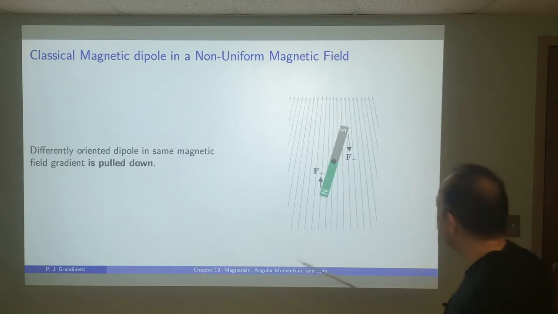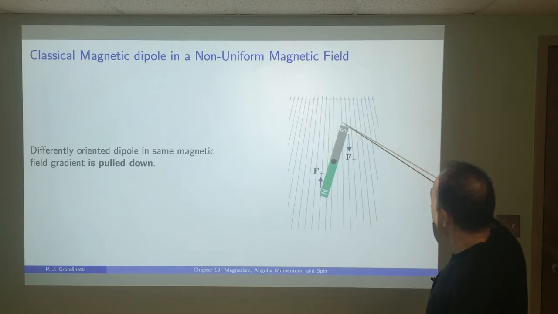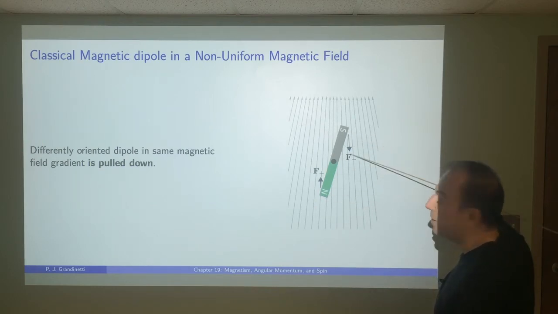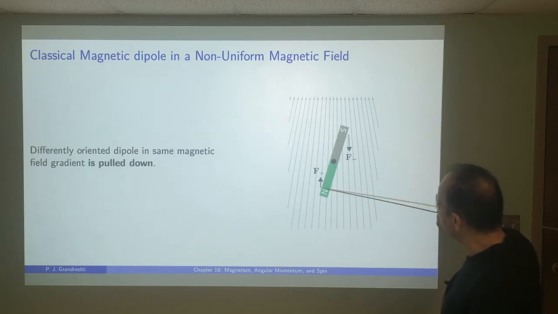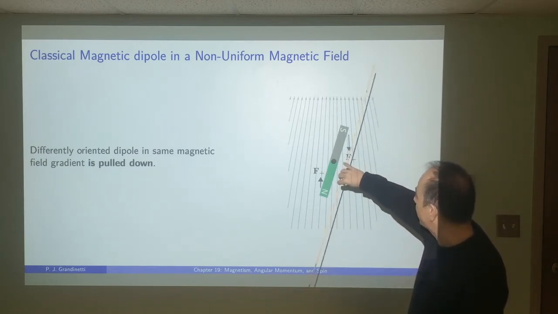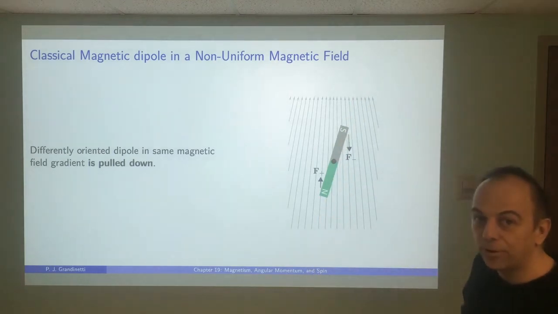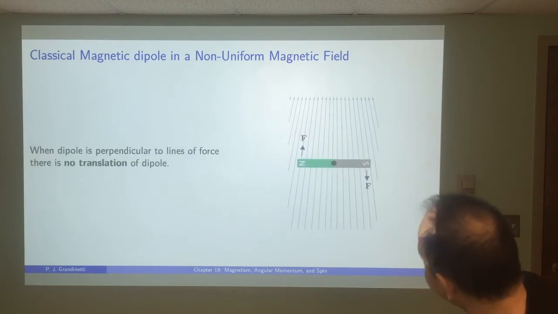Now, similarly, if I had flipped it around the other way, then you see that the magnetic field is stronger up here than it is down here, so the force pushing down on the South Pole is stronger than the force pushing up. So at this instant in time, in this particular configuration, the total force will be pushing this magnetic dipole down. All right.